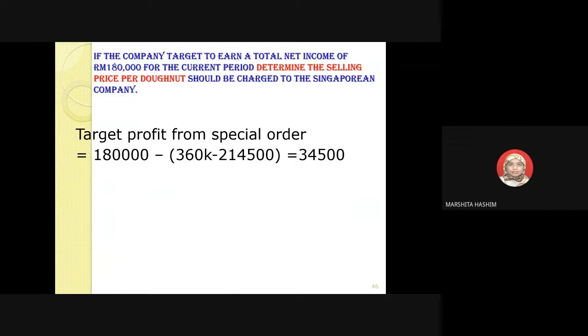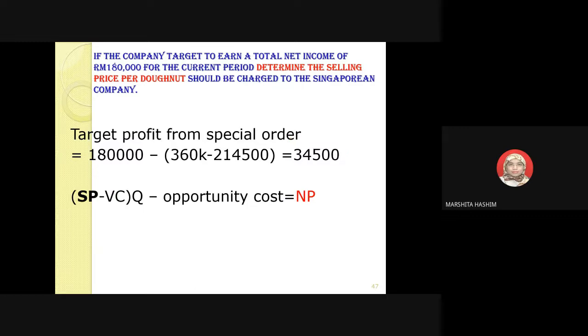Number 2, if the company targets to earn total net income of 180,000 for the current period, determine the selling price per donut that should be charged to the Singaporean company. So target profit from special order is 34,500. And then selling price minus variable cost multiply by quantity, you minus opportunity cost, you will get net profit. This is the equation on how to determine net profit.